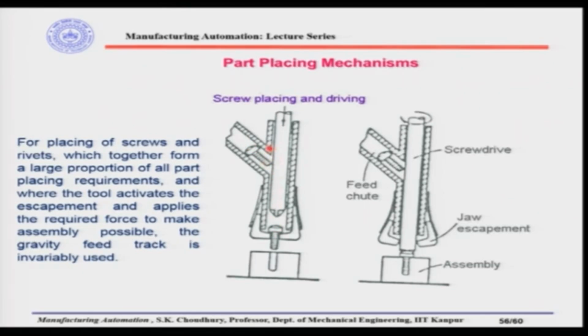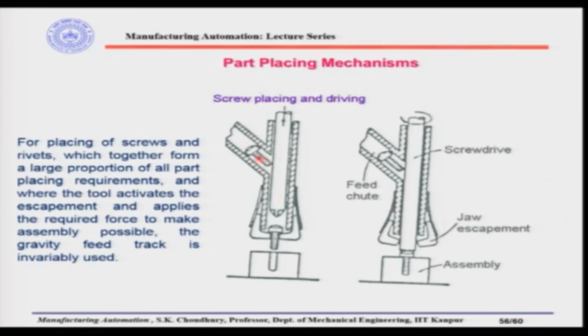The space is such that one part goes in, and then the screwdriver can go in and apply some torque, so that the screw can go inside the threaded hole. Both these working conditions are shown here.